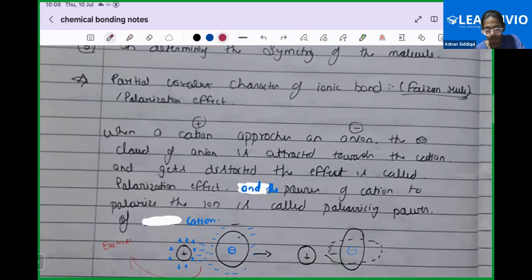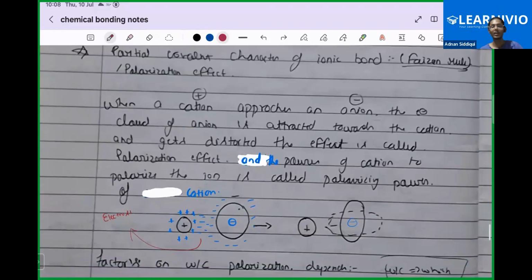Basically what he said was, whenever you are forcing two ions, a cation and an anion, towards each other, a cation being a positively charged species and an anion being a negatively charged species, the moment you put them into their electric field region, they will automatically start attracting each other because they have opposite signs.